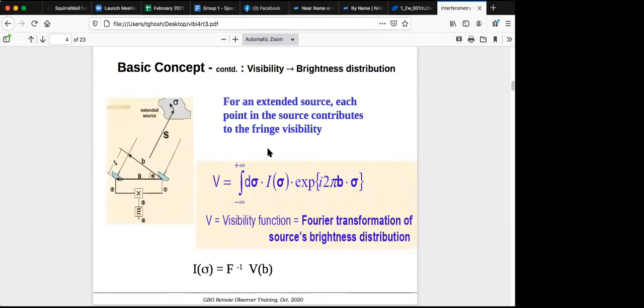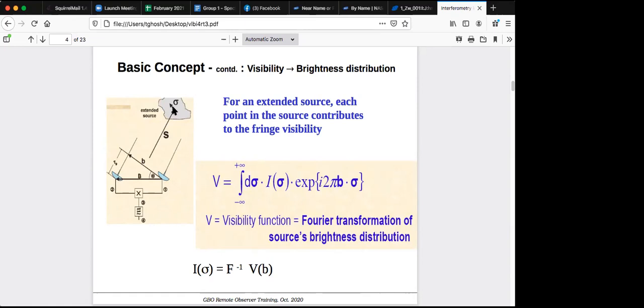Now what happens if we have an extended source? So far we're talking about a point source. If we have an extended source in a coordinate system on the plane of the sky, its central point is called the reference point or the phase center of the source.